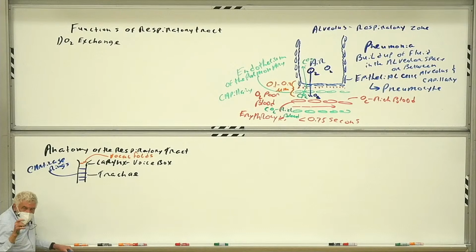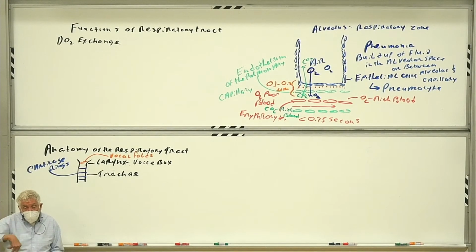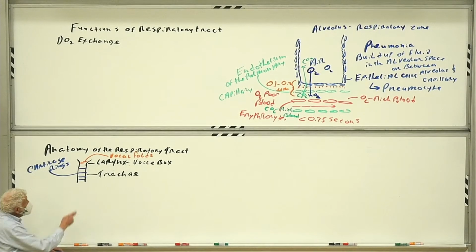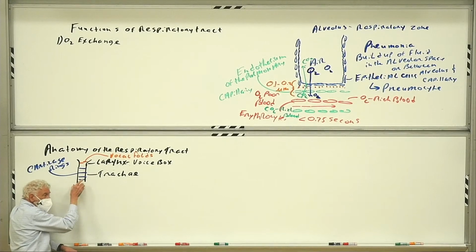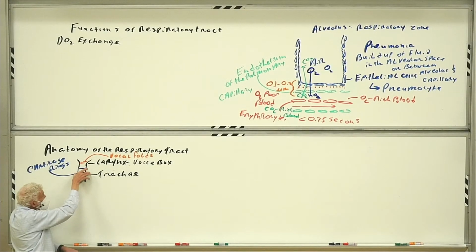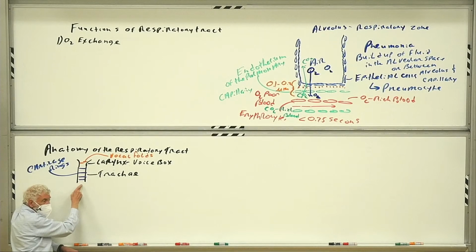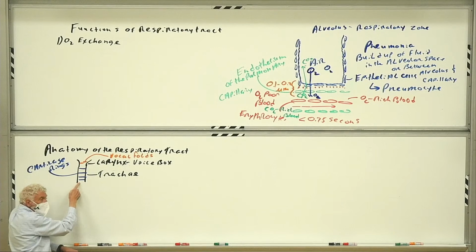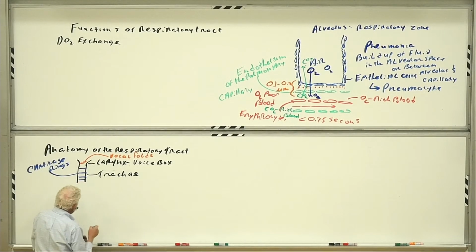So hyaline cartilage forms these reinforcing rings, and the reason we need that reinforcement is, we'll see a little later, that the way we breathe in is we generate a slight vacuum inside our lung. By generating a slight vacuum inside our lung, there's a greater pressure in the outside world than there is in the inside of our lung, so that pressure differential generates a flow. But if we didn't have these supporting rings, when we go to breathe in, the pressure now would tend to collapse the trachea. So we reinforce the soft tissues of the trachea with these rings of cartilage.